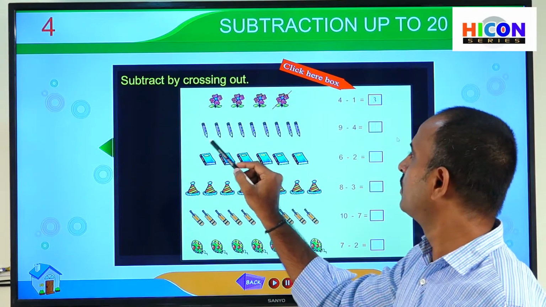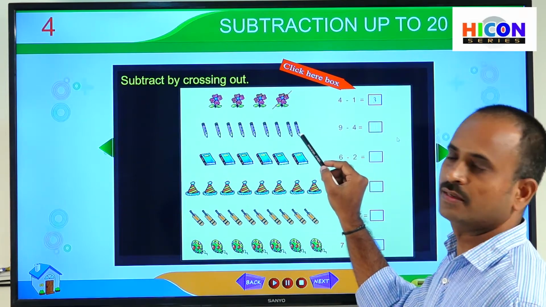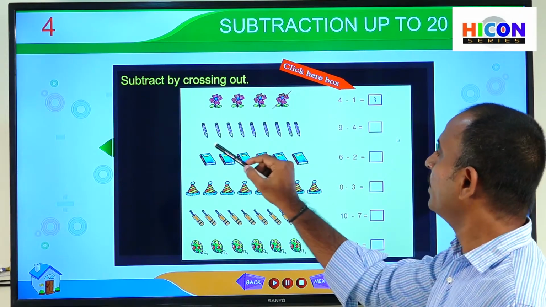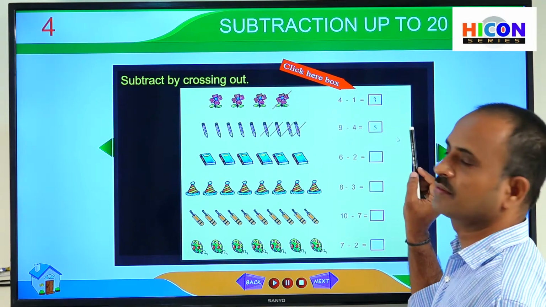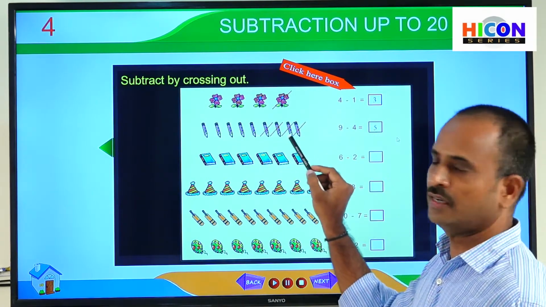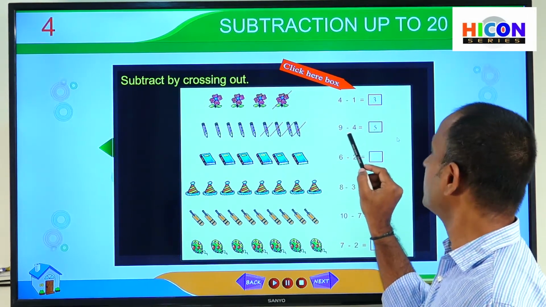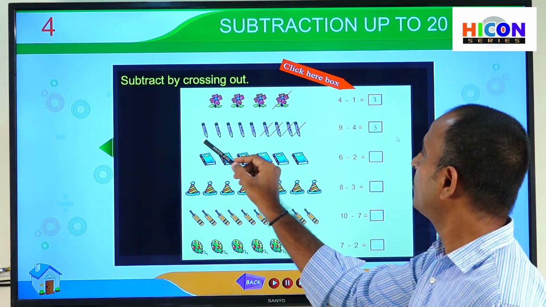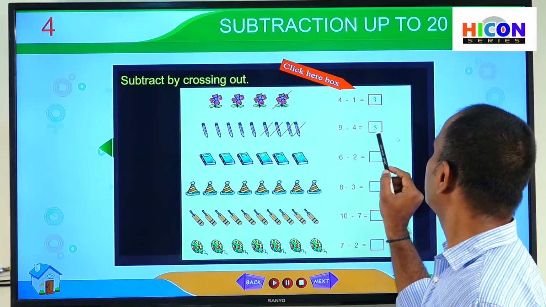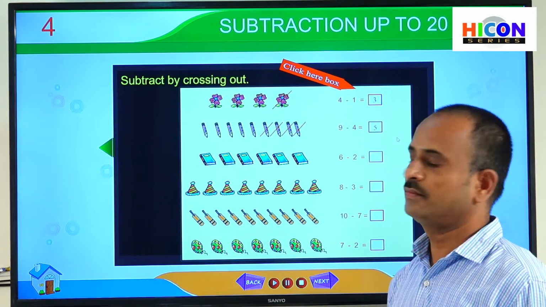So 5 pencils will be left if you take away 4 pencils from these 9 pencils. So write 5 in this box. Children, do you understand? They have crossed out 4 pencils because the second number is 4, and 5 pencils are left. This 5 is called the answer, and 5 is called the difference.